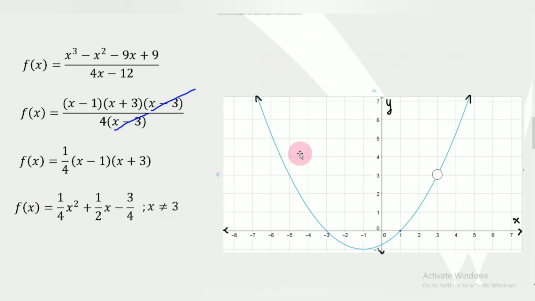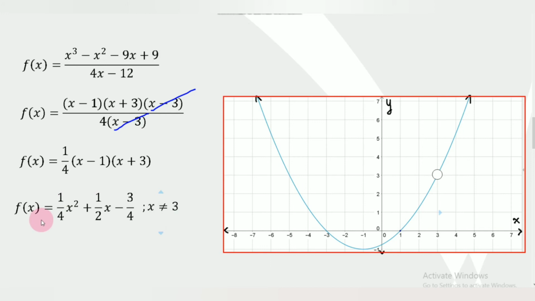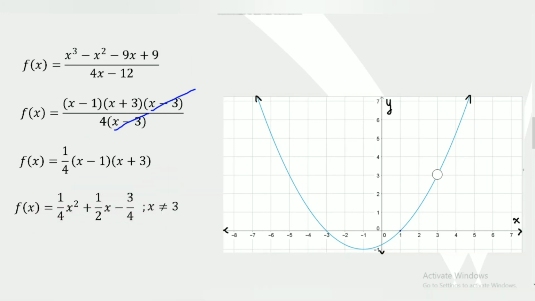But don't forget, without the open circle here, this graph actually refers to this equation, not this equation. To make this graph refer to the original equation, don't forget that we have to put the removable discontinuity at the location of x equals 3, and for y you substitute 3 into this simplified equation, not into this one, okay?